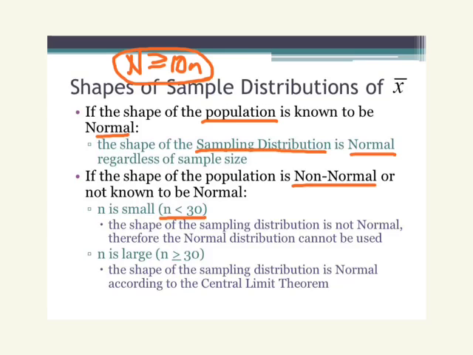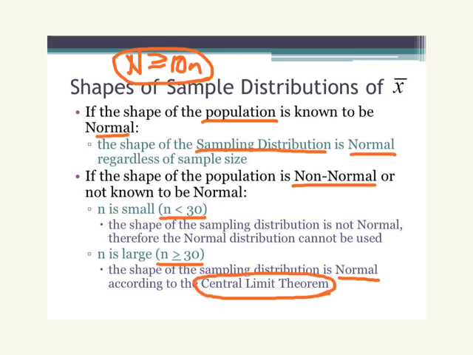Now, if n is greater than or equal to 30, we're able to use something known as the central limit theorem, and we're going to talk about this in just a moment. The central limit theorem tells us that if we have a large sample size, n greater than or equal to 30, then it doesn't matter what the original shape of the population is, the sampling distribution will be normal.